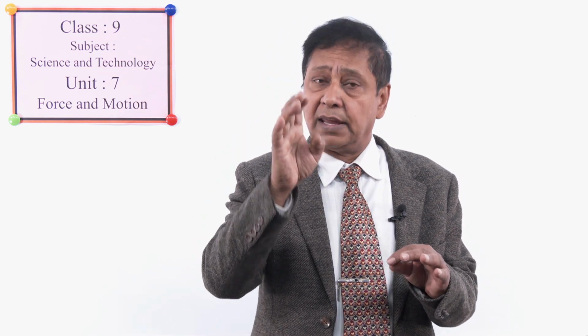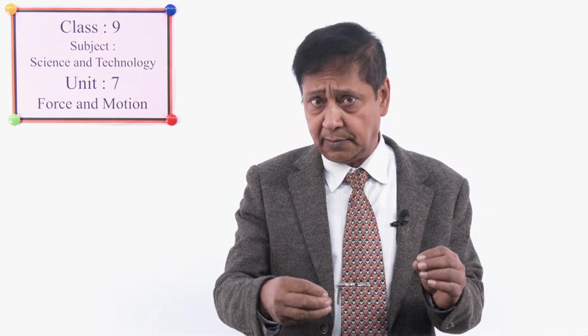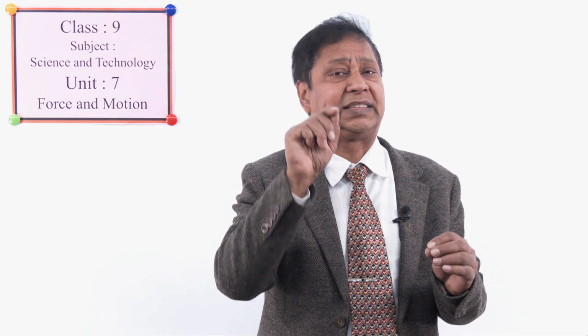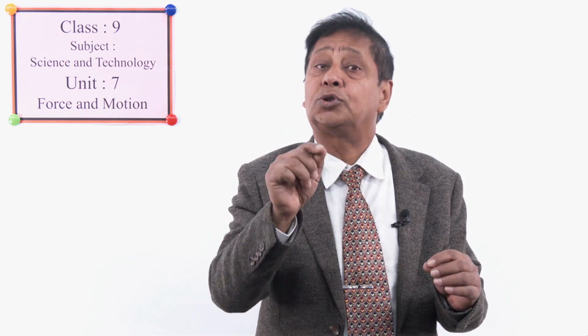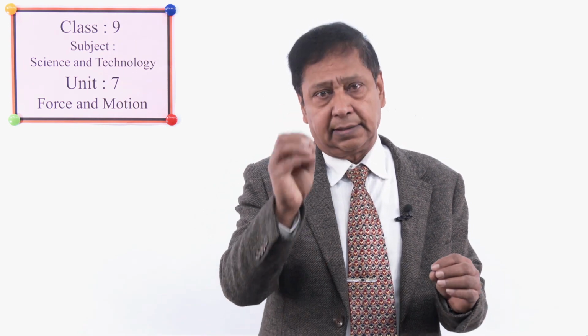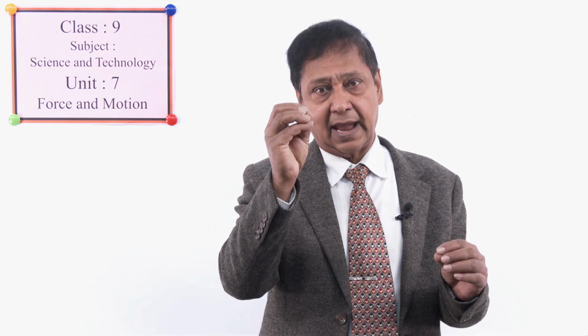I derived these 4 equations in part 2, and then in part 3 and 4 we used these equations to solve numerical problems. At that time I described how to solve a numerical problem. According to the given of the numerical problem, we have to select a particular equation to solve a particular numerical problem. They were done in part 3 and 4.